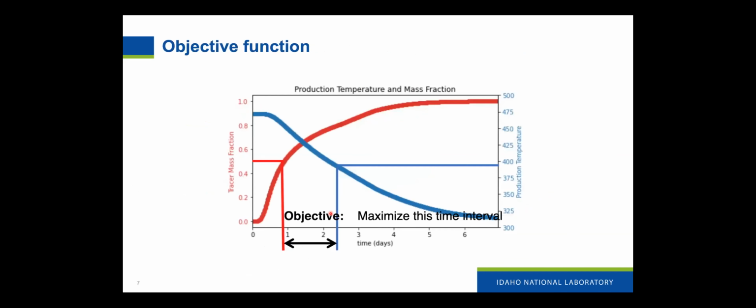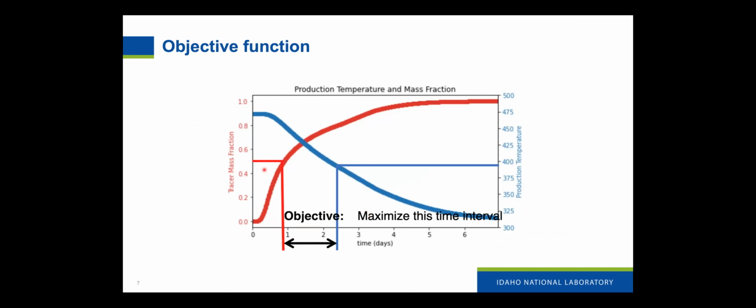So based on that observation, we want to optimize the well placements, and we had to start somewhere. So we define our objective function for optimization in the following manner. The objective function is basically, as shown in this plot, the time difference between when the tracer mass fraction reaches a value of 0.5 and when the temperature reaches a value that is between the maximum and minimum temperatures.